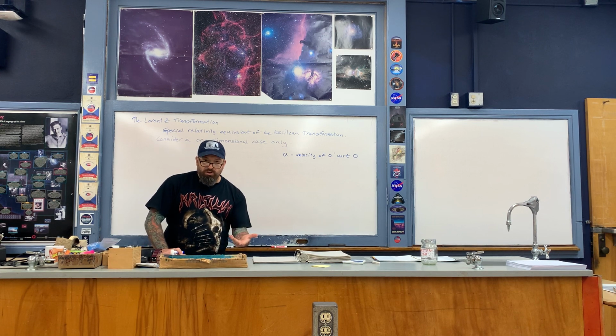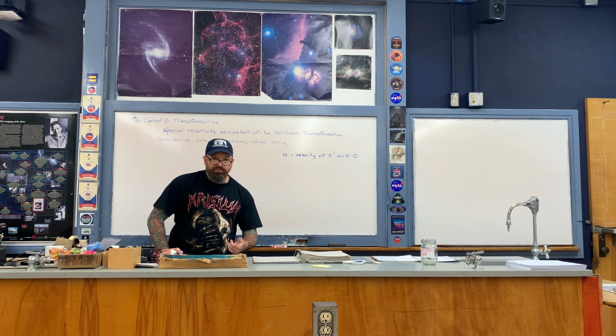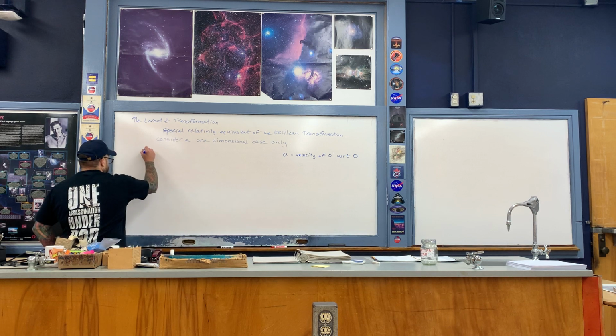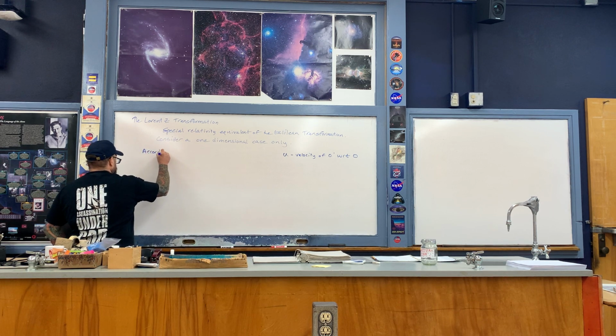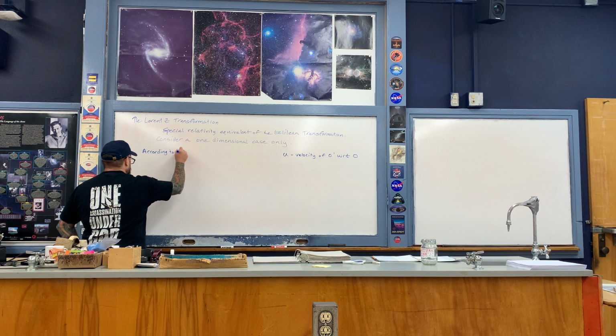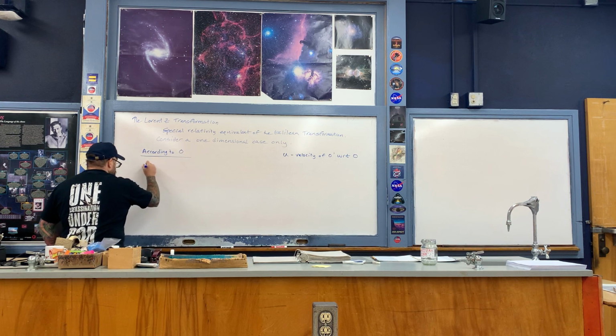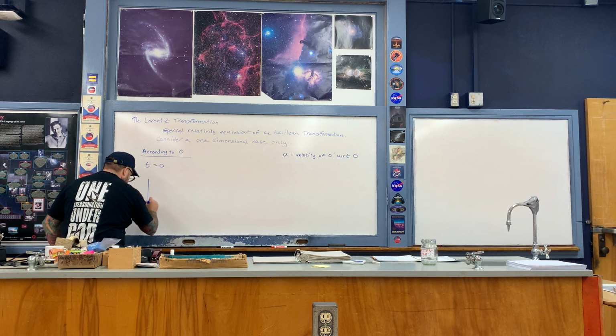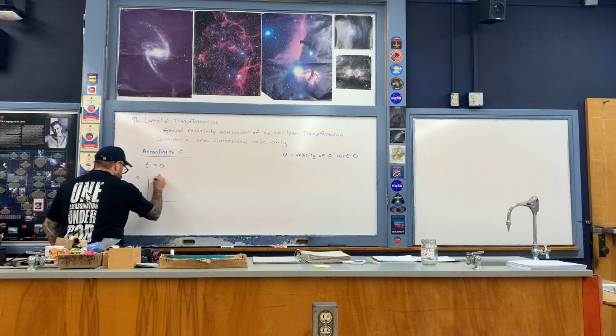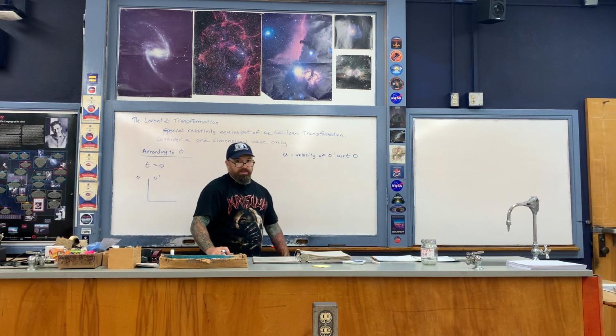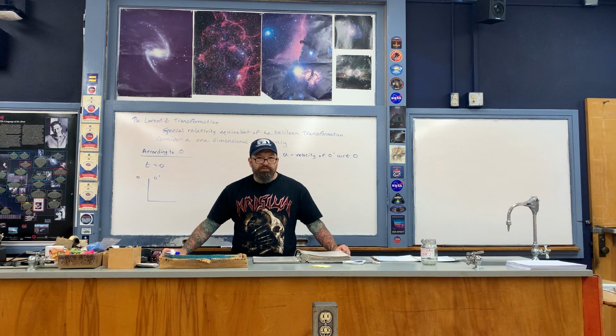Okay, now according to O, we're going to draw up the situation in the following way. So let's say at time t equal to 0, I have my two reference frames here, O and O prime, lined up together. Here's how I demonstrated this back in the first semester when talking about the Galilean transformation.